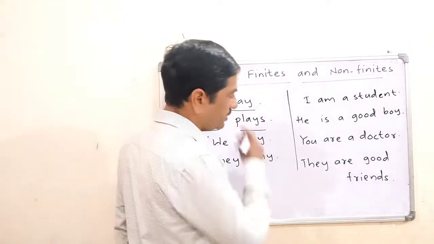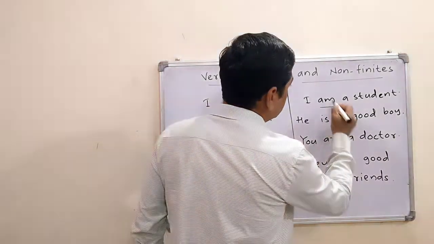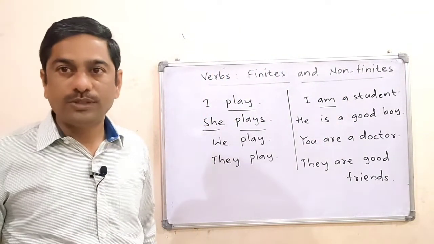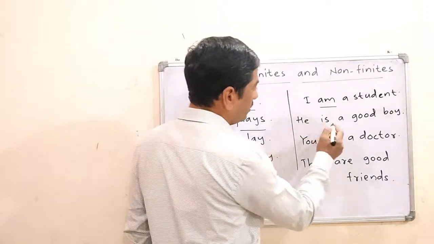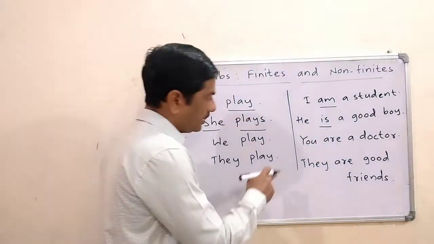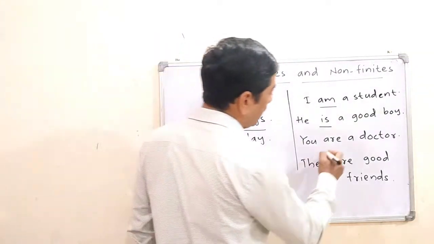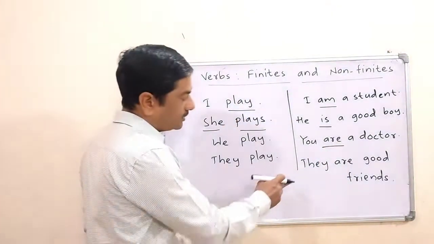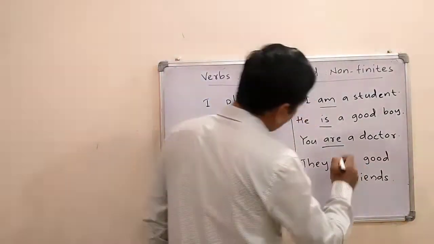In the first sentence, the subject is I and the verb used here is am. In the second sentence, the subject is he, the verb is is. In the third sentence, the subject is you and we are making use of are. And in the fourth sentence, the subject is they and we are making use of are.